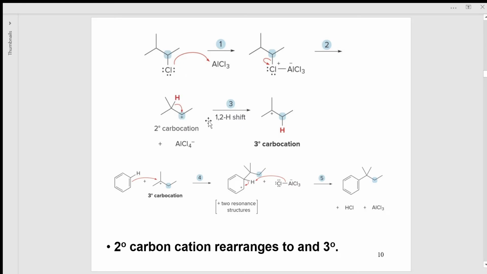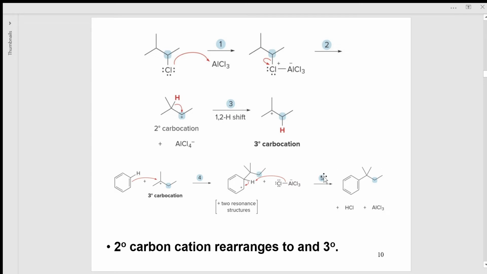If we do the 1,2 hydride shift, we can form the tertiary carbocation. Of course, the tertiary carbocation is more stable than the secondary carbocation. So eventually, the tertiary carbocation is the real electrophile to do the electrophilic substitution reaction.